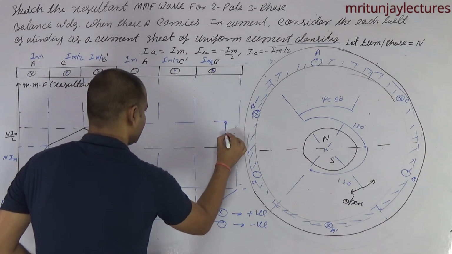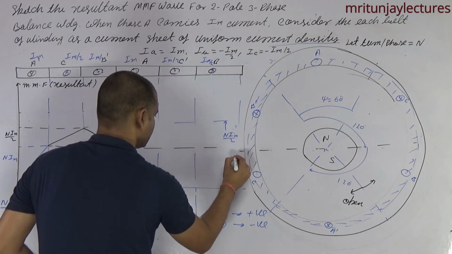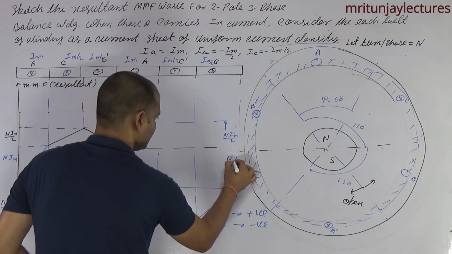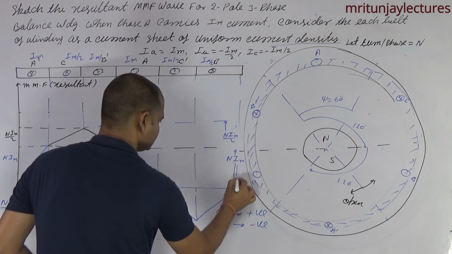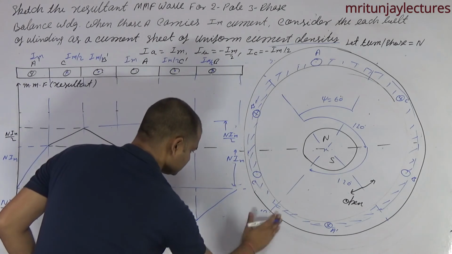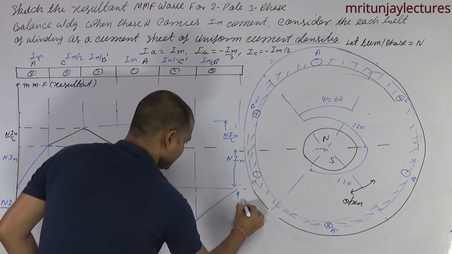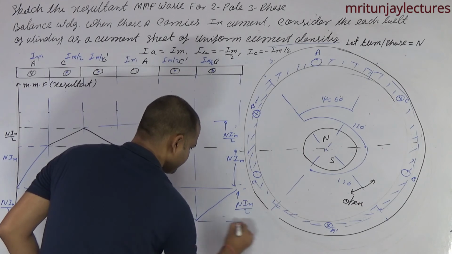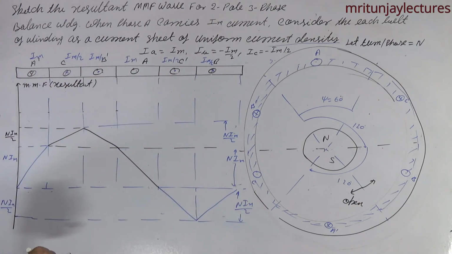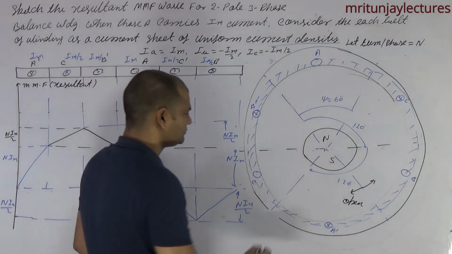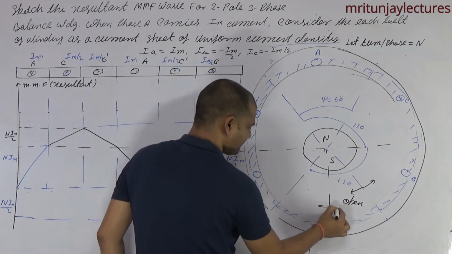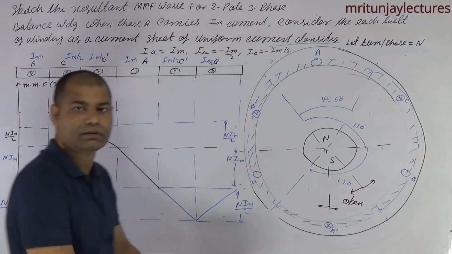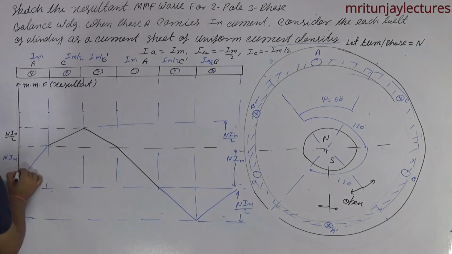Here N Im by 2, that is N Im, and this is N Im by 2. Clear? Now finally draw at the neutral axis.